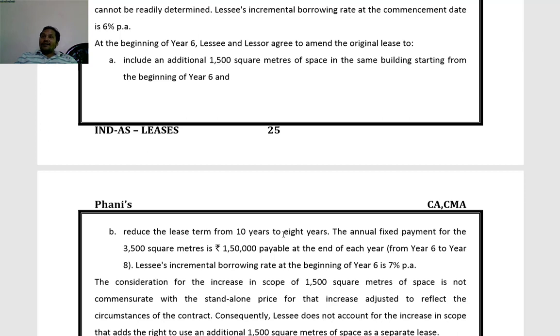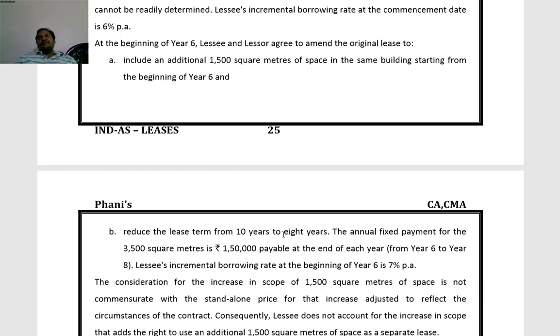Then remeasurement of lease liability at the revised discounting rate we will consider. Then other modifications: if this is not falling under these two, we have to go for other modifications. For the other modifications, we have to consider remeasurement of lease liability at the revised discounting rate.